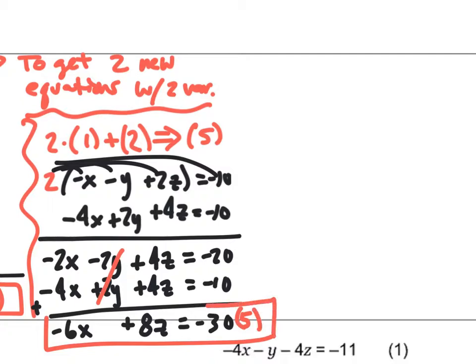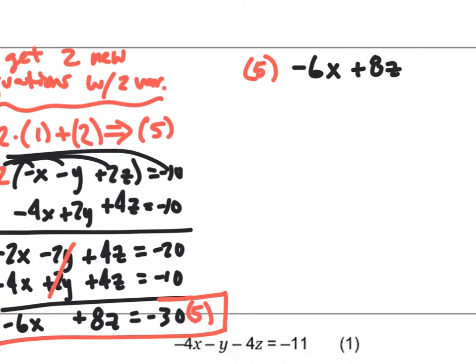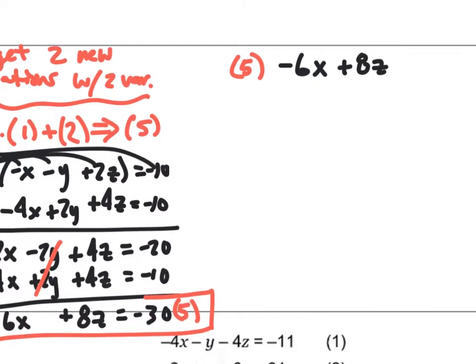So I'm going to write that up here, my fifth equation, which is negative 6x plus 8z, and that's equal to negative 30. And the other one, was that the fourth one?